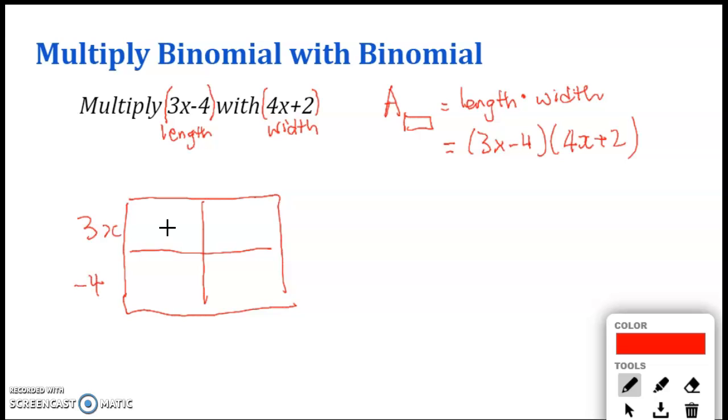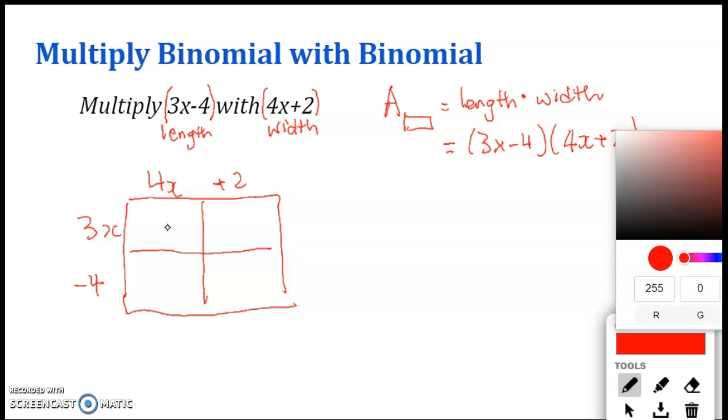The length goes on one of the sides, and the width goes on the top. It does not matter if they are reversed. You could put 4x plus 2 here and then 3x minus 4 here.